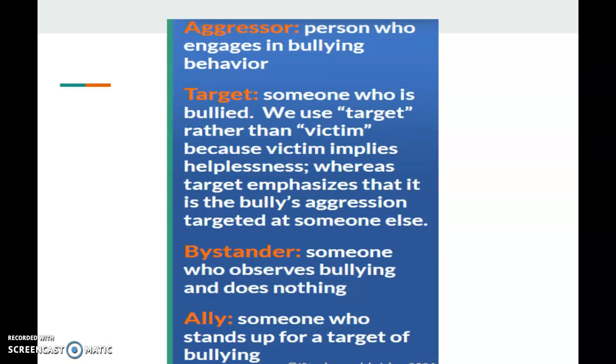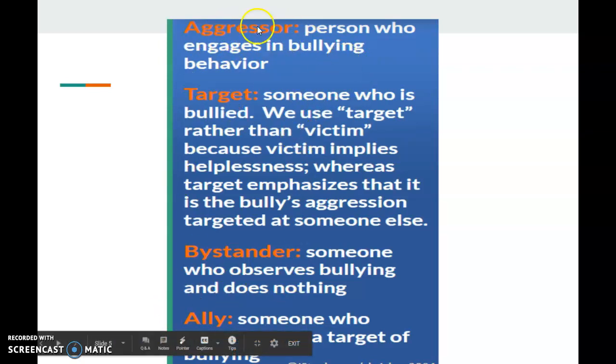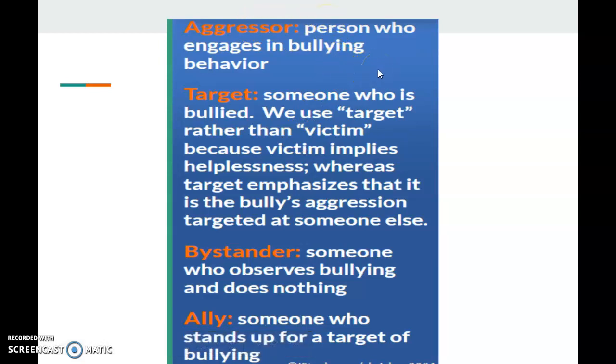This cropped kind of weirdly, so just bear with me, guys. But in bullying situations, we have three different people, and we'll go over all of these in more detail. We have the aggressor, the person who engages in the bullying behavior, that's the actual bully themselves. The target, the person being bullied. You say target rather than victim because victim implies helplessness.